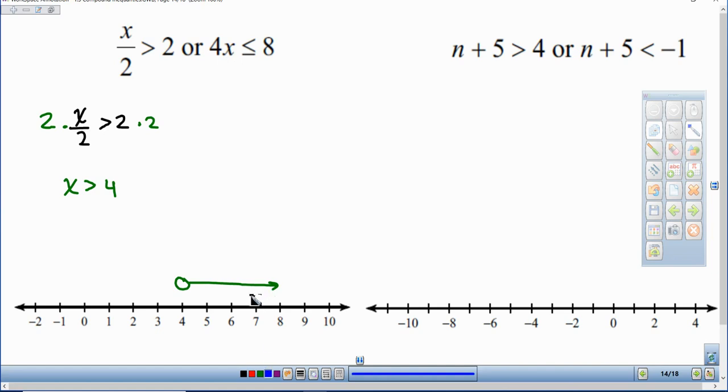Or we have this. I'm going to divide by 4 to get x by itself. You get x is less than or equal to 2, or any number less than or equal to 2. So any of those numbers that are indicated here would work for this compound inequality.